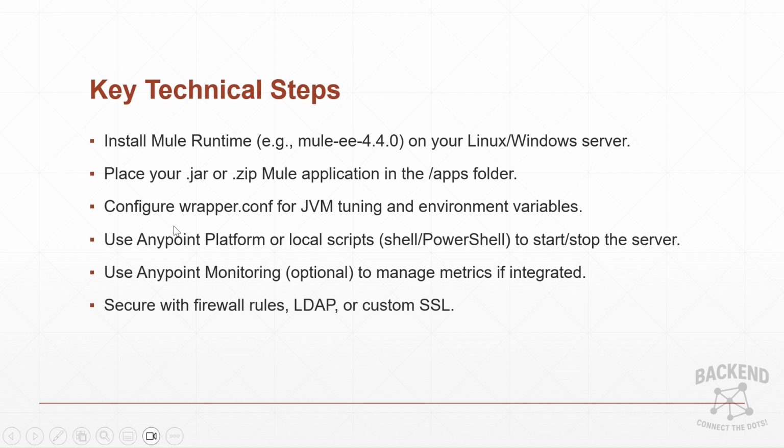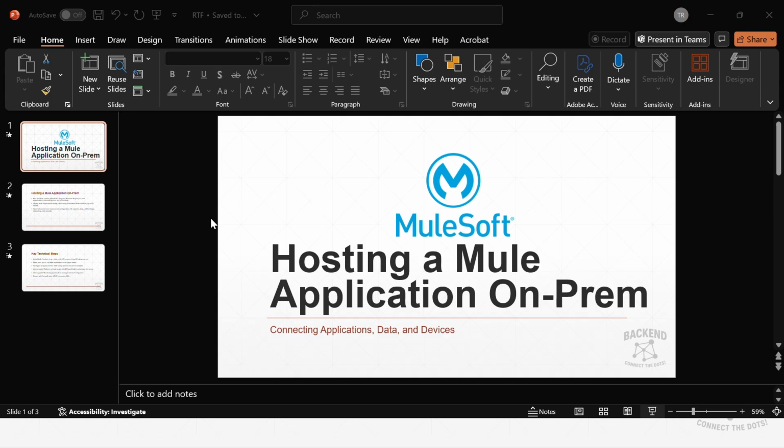In my case, I'm going to use my Windows local machine as a Windows server, so I will get the Mule runtime and host it on my server. Once that is done, we also need the Mule application jar. Just as with CloudHub, if you want to deploy your application, you need an application jar file, and in the same way we need the jar file to deploy on-prem.